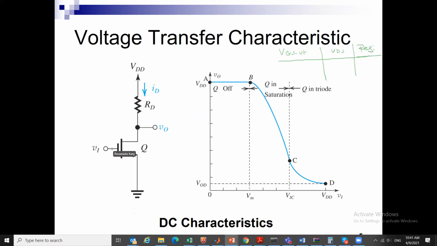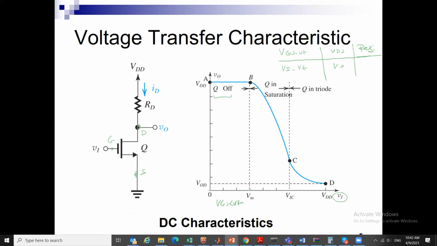Here VGS is equal to Vn, so this is really Vn minus Vt. And VDS is really equal to what? This is the drain, it is equal to Vout. Let us inspect. When Vn is less than Vt, it's like VGS less than Vt, so the device is off.